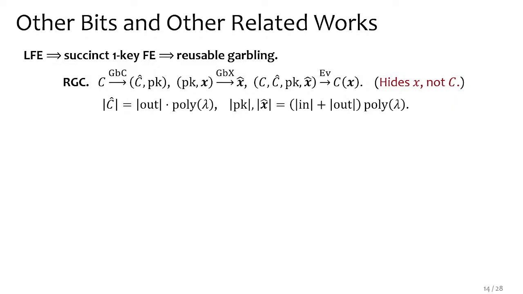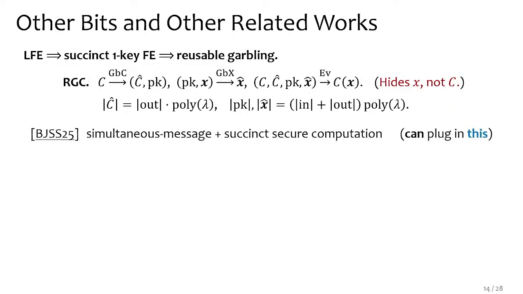Okay, and related works in this regard are BJSS25, which builds a new form of secure multi-party, not sure whether it's multi-party, but maybe it's two-party computation. And in their construction, you can plug in our evaluation to obtain better efficiency asymptotically.